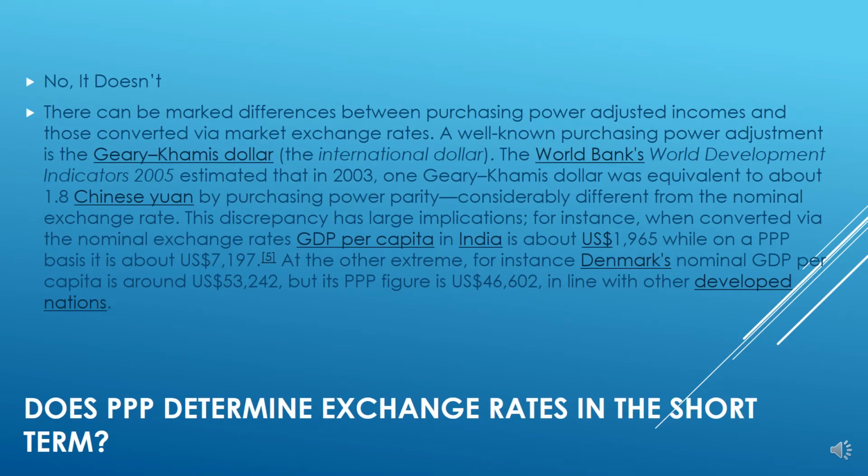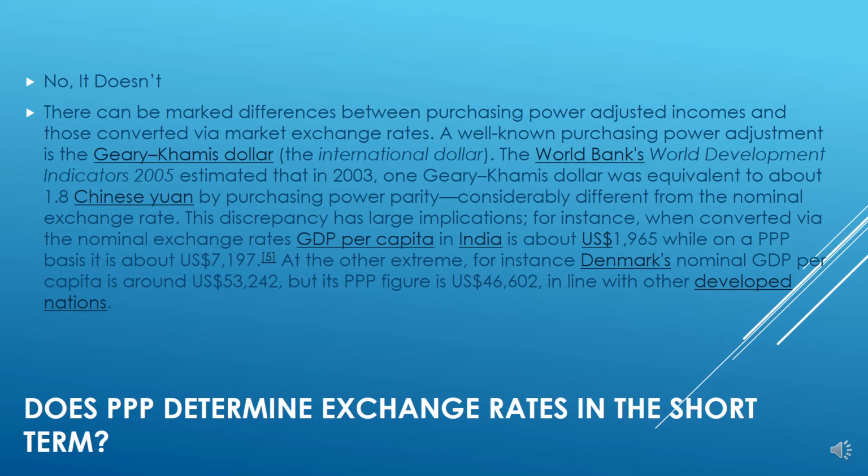We can wonder whether purchasing power parity determines exchange rates in the short term. No, it doesn't. Why? Because there can be differences between purchasing power adjusted incomes and those converted via market exchange rates. A well known purchasing power adjustment is the Geary-Khamis dollar.